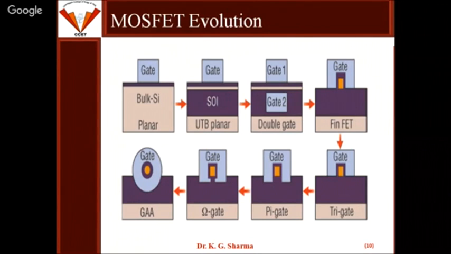If we want to have more and more controllability on the current and reduce the leakage current, reduce the DIBL effect, have the same subthreshold slope, less leakage current. Leakage current means nothing but the I off current.